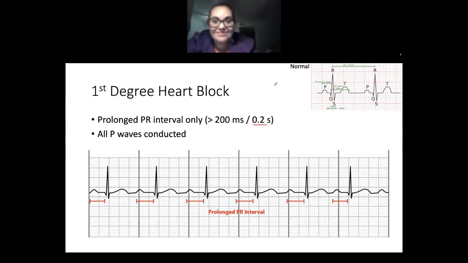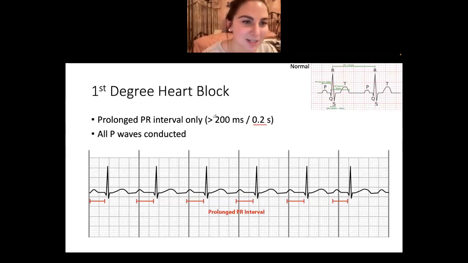So I put both milliseconds and seconds because I got questions on UWorld as well with seconds. And I know it's easy math, but my head. So just keep that in mind. I don't know if you need to know all of these. Maybe the QT interval you should know as well, because I would see questions where they would say normally a QT interval is 360 milliseconds.